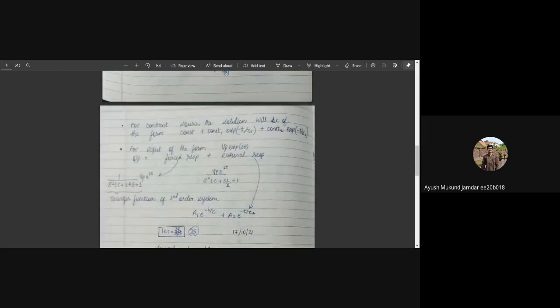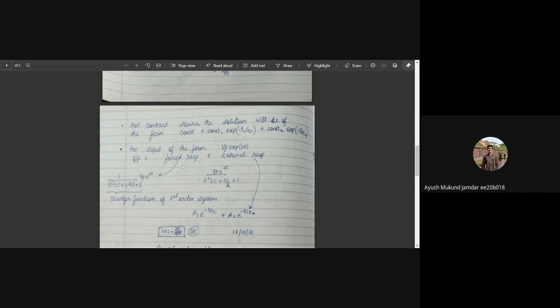If the input is of the form Vp exponential st, a different case, that is an exponential input, we should get a forced response that we have been seeing so far, that is H of s times Vp exponential st, the eigenfunction. On putting it back into the differential equation, we get the transfer function of the second order system, that is 1 by s square LC plus sRC plus 1 in the series case, and similarly for the parallel case.